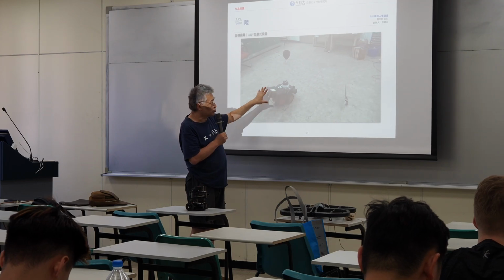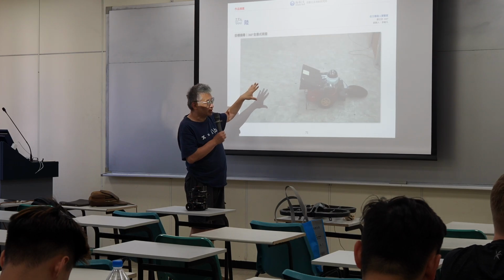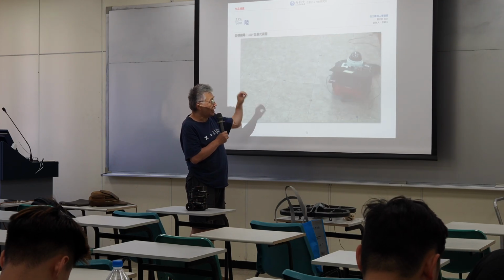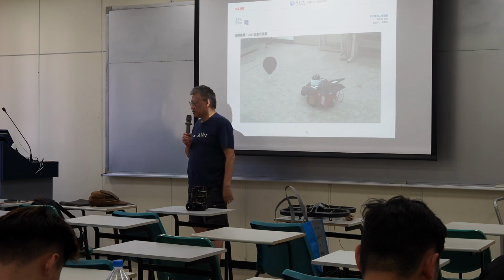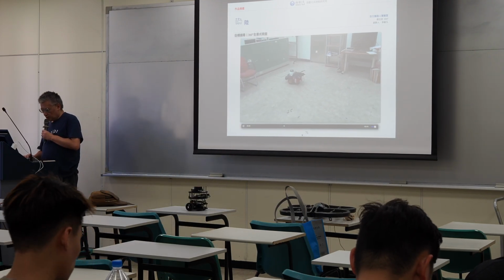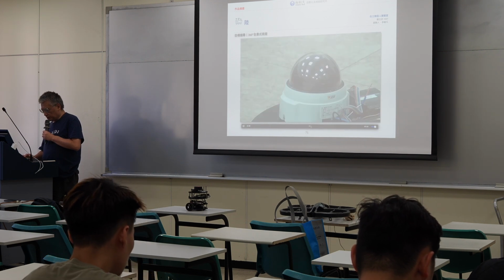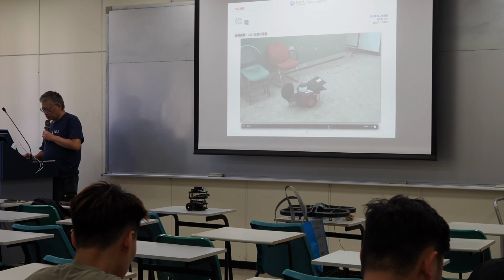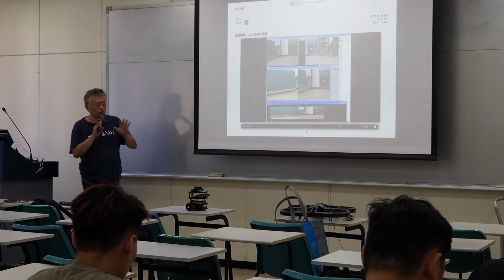So the robot doesn't need to move. Once you get 360, through this image you can approach the object, even for the image in the back. So this one, I'm going to show you how this works. This image thing is what you are going to do similarly. Okay, so two pictures.